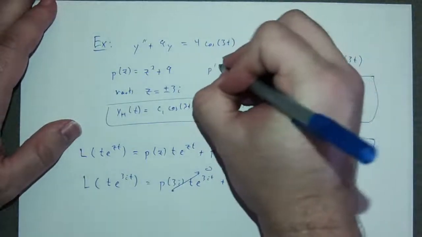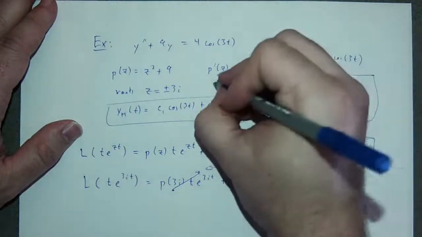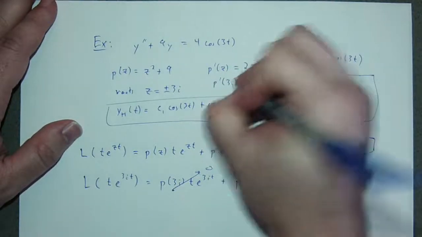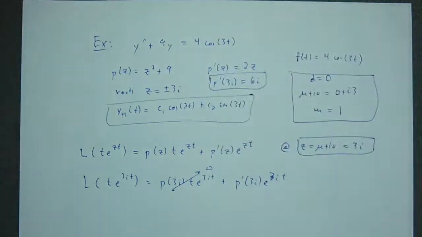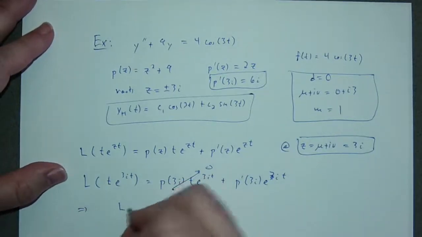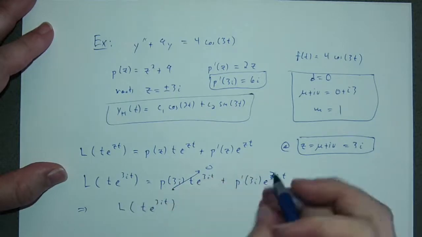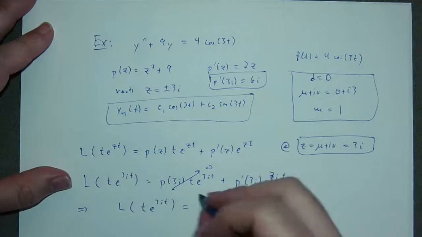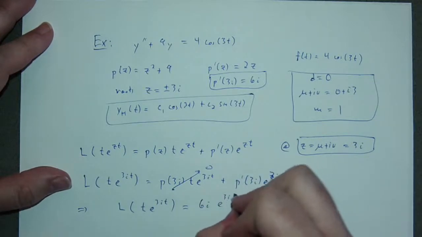P prime of z is actually just 2z. So P prime of 3i is 6i. Okay, cool. And so what we get here ultimately is L of t e to the 3it is equal to 6i e to the 3it.